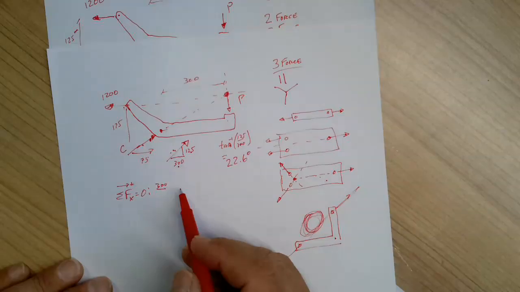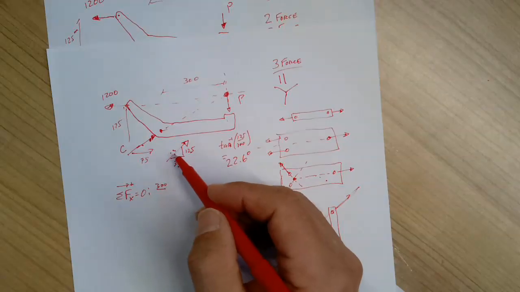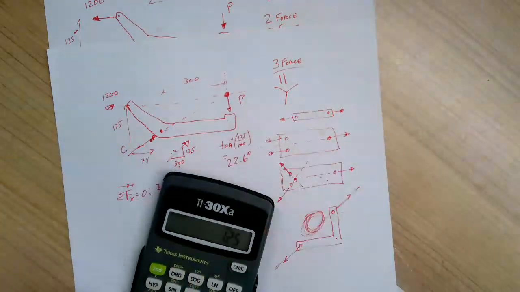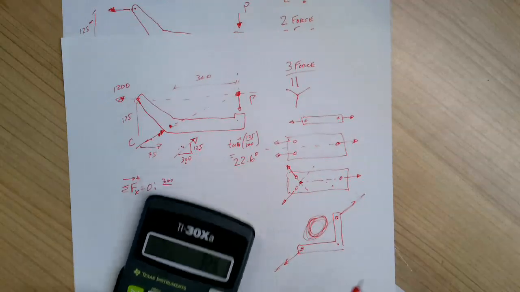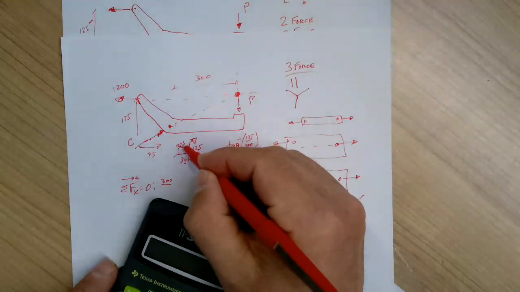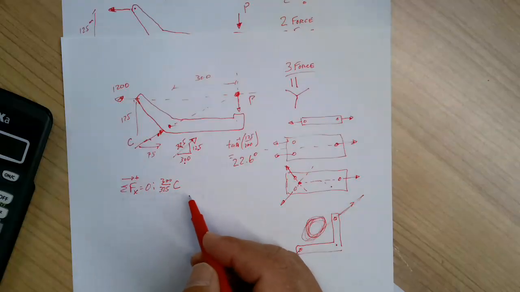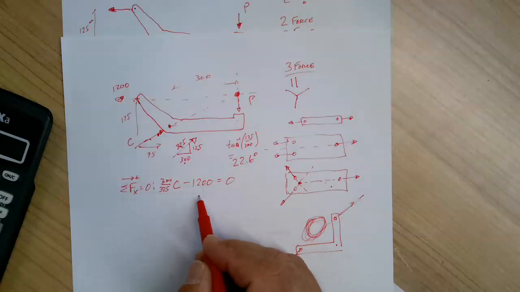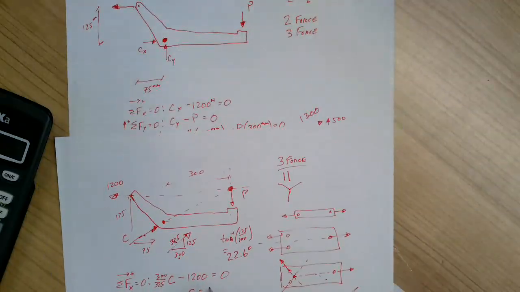I can do 300 cosine 22.6 if you like, but it always is easier, both mathematically and envisioning it, if you get this 125 squared plus 300 squared equals square root 325. If you start seeing these triangles, 300 over 325 of C is to the right, minus 1200 equals 0. I'll instantly get C is equal to 1300.